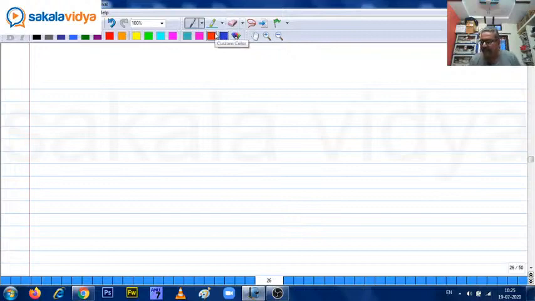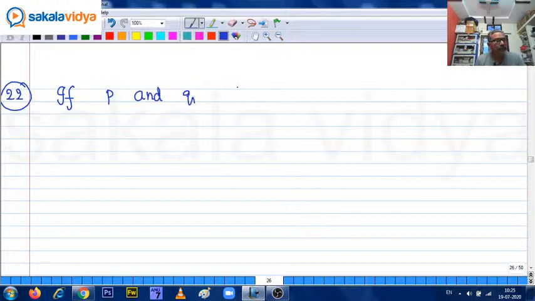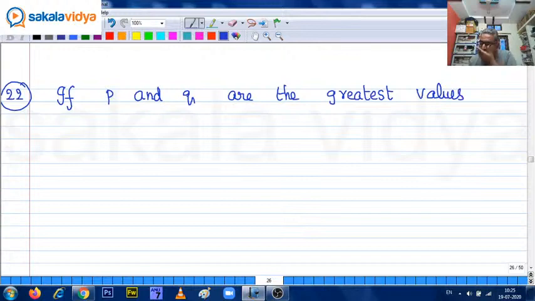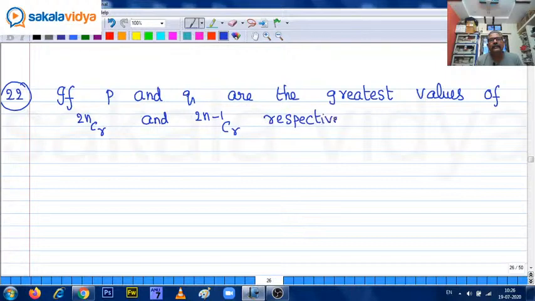Now the 22nd question. If P and Q are the greatest values of 2nCr and 2n minus 1 Cr respectively, then the relationship between P and Q needs to be established in this problem.